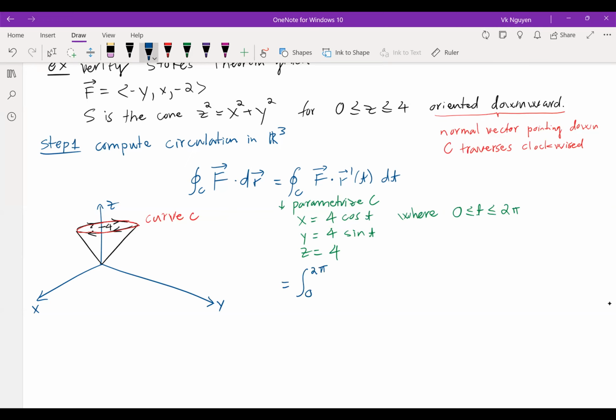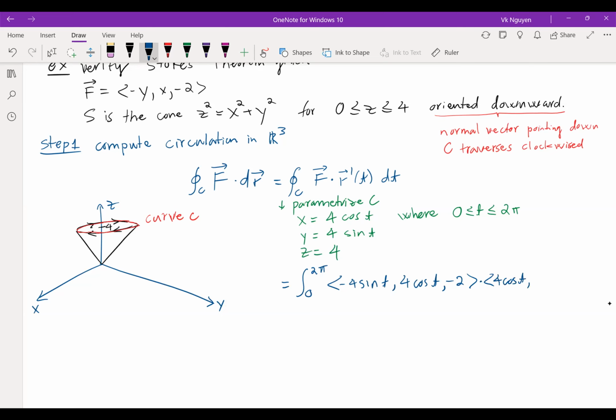0 to 2 pi. F, right? Negative y, so negative 4 sine t, for cosine t, minus 2, right? Dot.